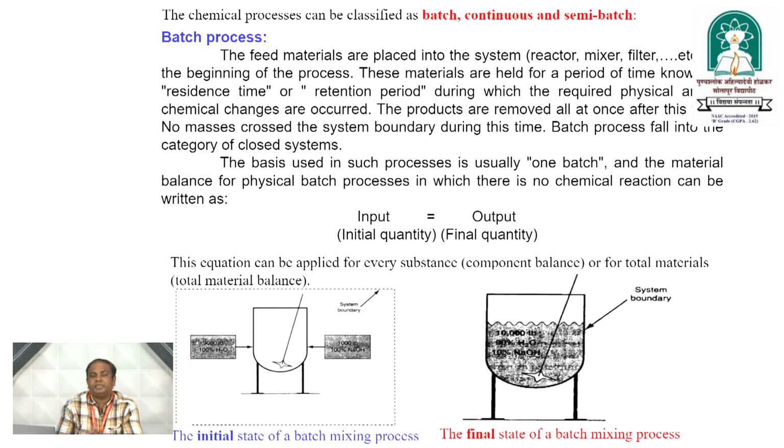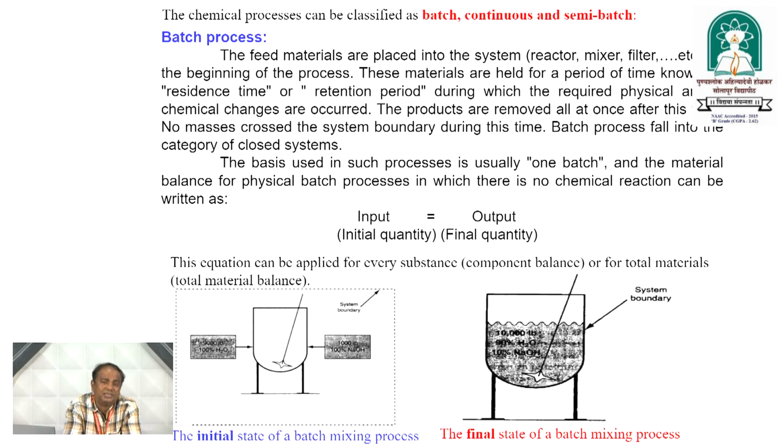In the batch process, whatever the input is, there should be the same output. But this again we need to calculate, because a chemical process never necessarily converts all of the reactant into product.